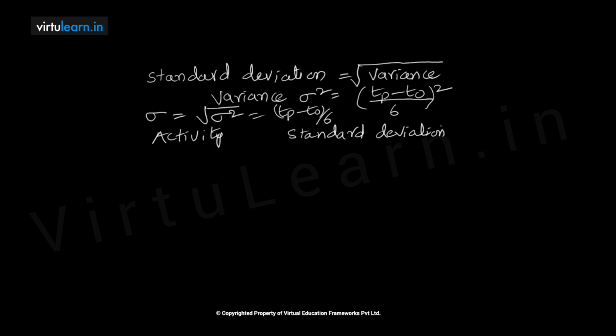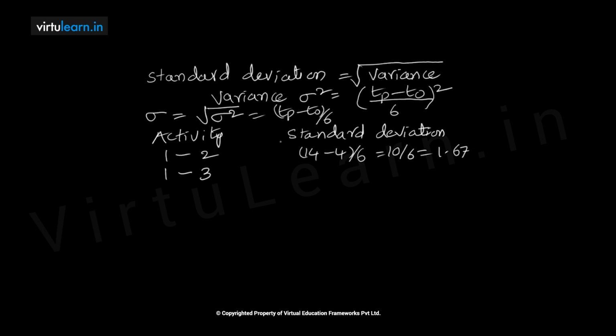So say for activity 1 to 2, Tp is 14, To is 4, divided by 6 gives us 10 by 6, that is equal to 1.67. So we have rounded off those figures.